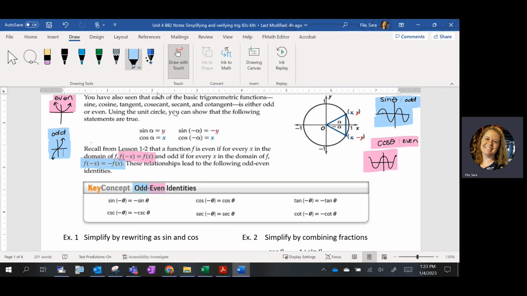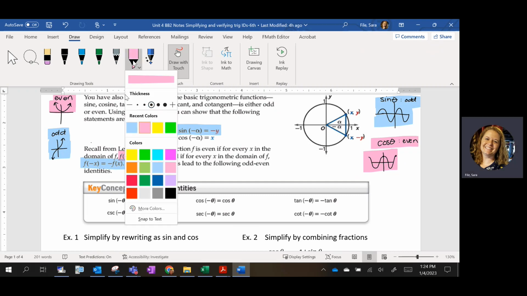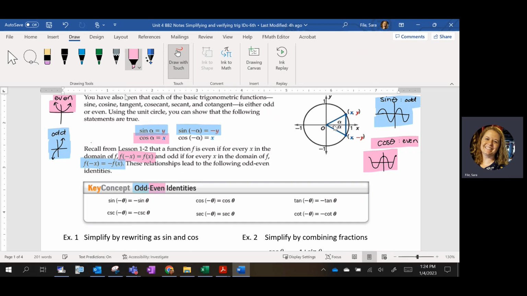That's what this is explaining here. They're saying if I input alpha, I get sine of alpha is y, because sine is the y, cosine is the x, right? So sine of alpha is y, sine of negative alpha is negative y. So that's this rule. You input a negative and you get the opposite function. But for cosine, if I input alpha, cosine is x.